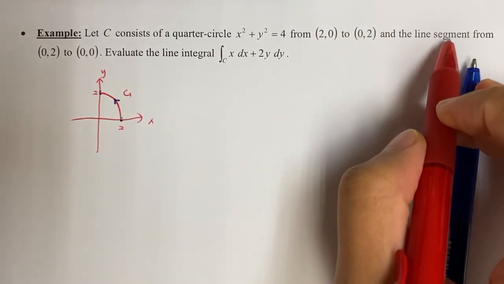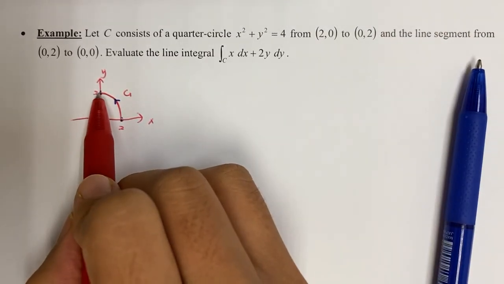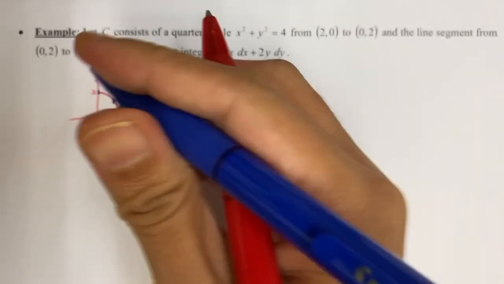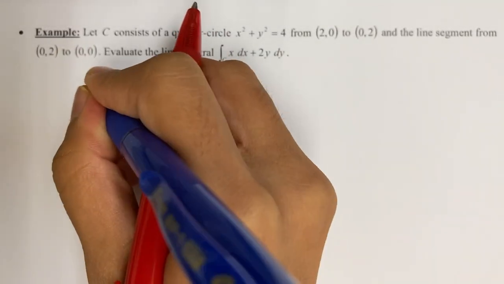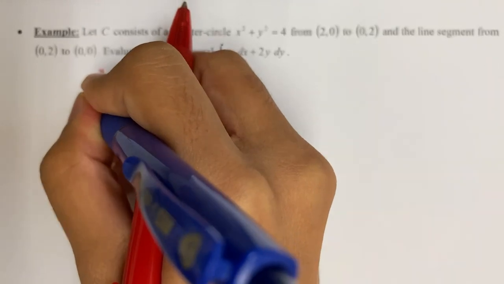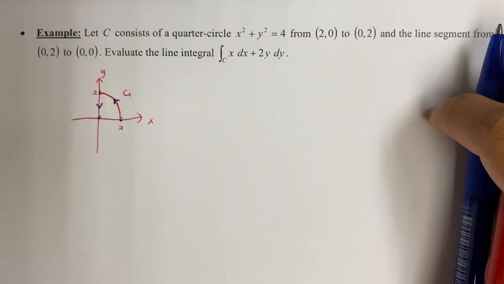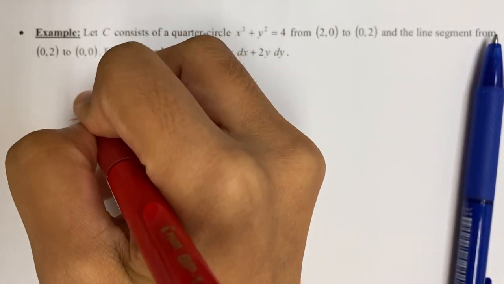And the line segment from (0, 2) to (0, 0), the origin, moving downward, is our C2.